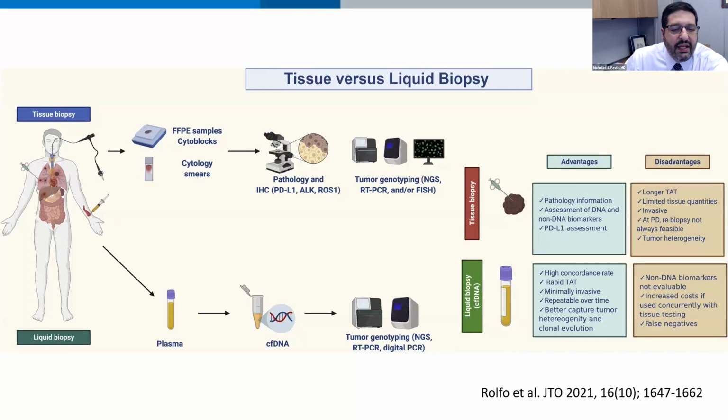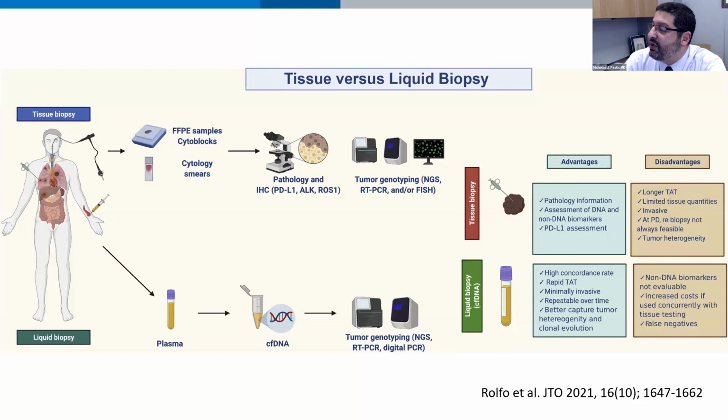So liquid biopsy, we talked about getting cell-free DNA from plasma and doing tumor genotyping directly from that. So you can see there's fewer steps. It's a shorter turnaround time. It has a high concordance rate that's been shown in the literature with tissue. It's minimally invasive, obviously.